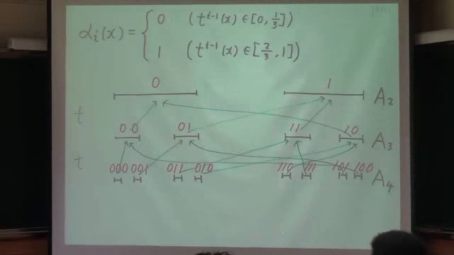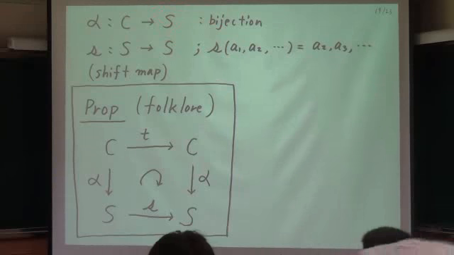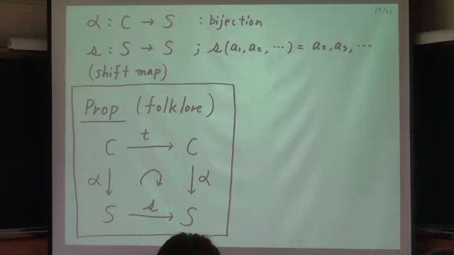So for x, we can associate an infinite sequence of 0 or 1, like this. And we can see that the correspondence from the Cantor set to the infinite sequences of symbols 0 and 1 is a bijection, so one-to-one and onto.